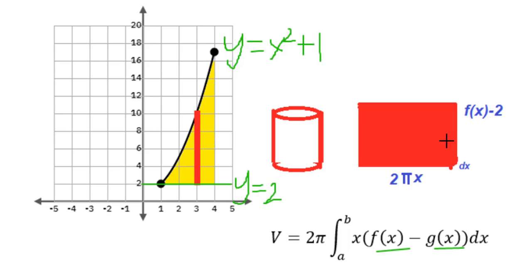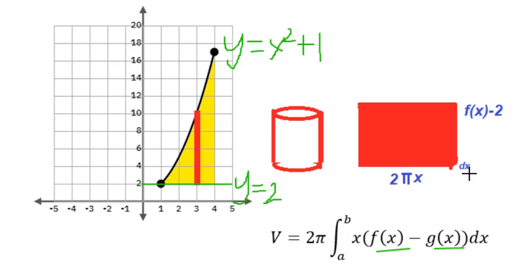For this rectangle, the volume will be length times width times height. Length will be 2 pi x. Basically, it's 2 pi r because r equals x. That's the reason we got 2 pi x.